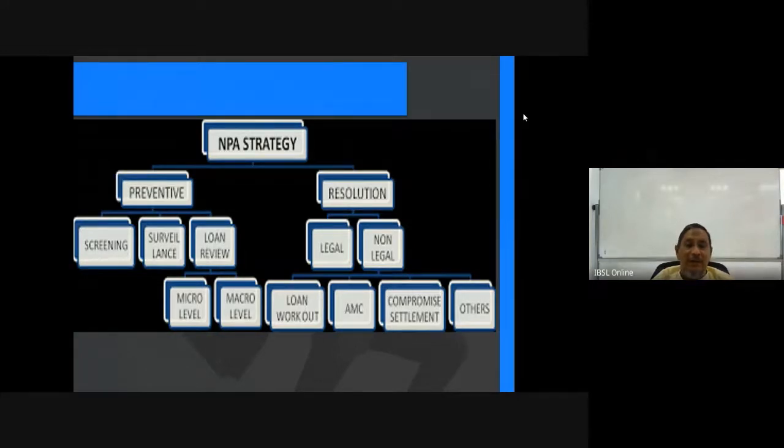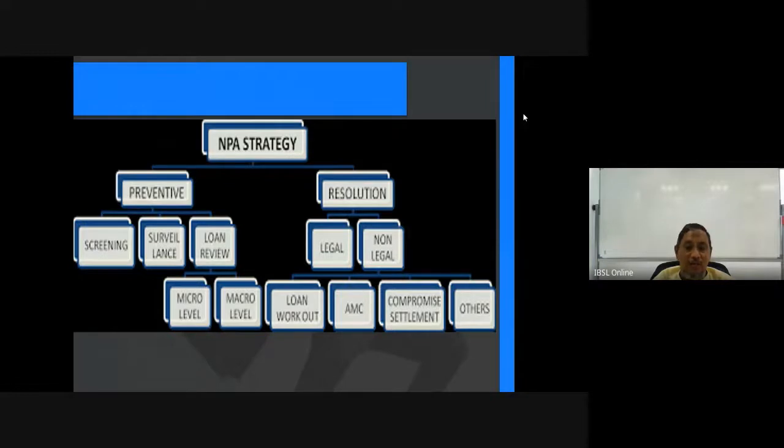So what are the strategies available for recovery of NPA? There are preventive strategies and resolution strategies. Preventive strategies are screening, surveillance, and loan review, at macro level or micro level. Resolution strategies are legal or non-legal.